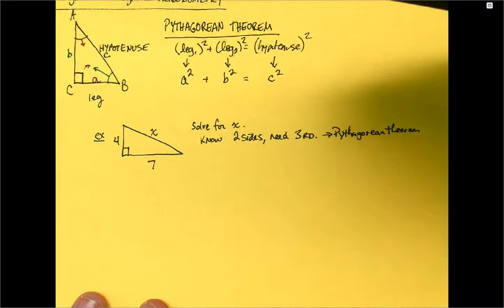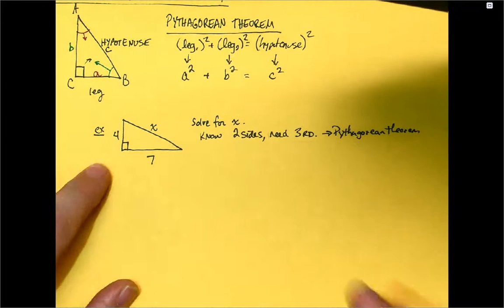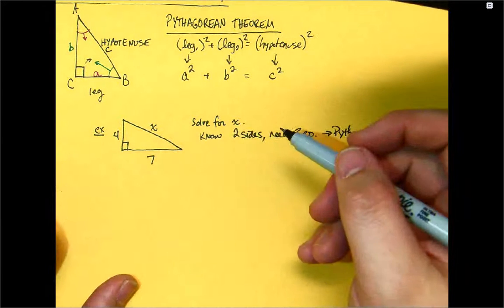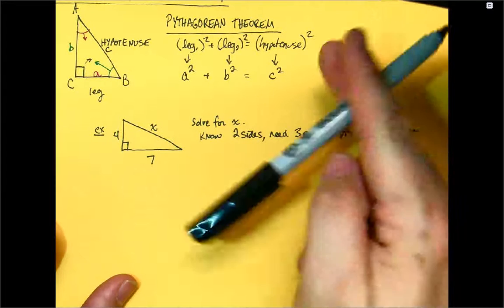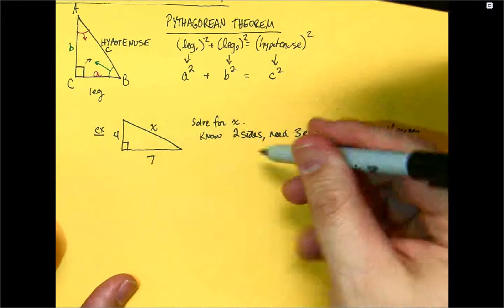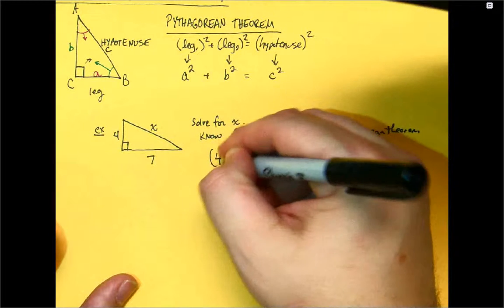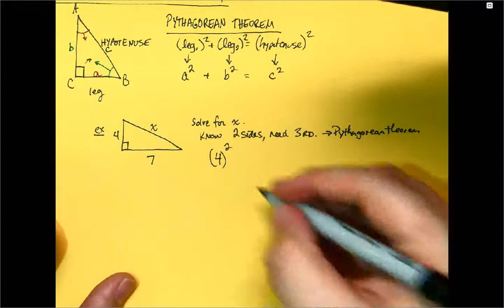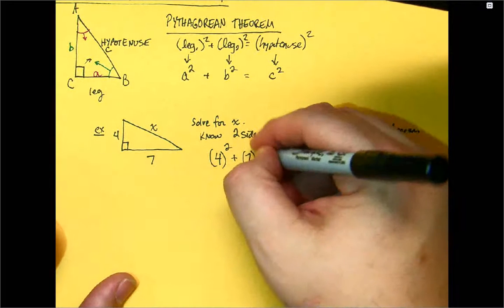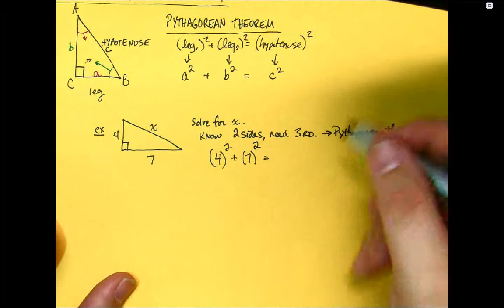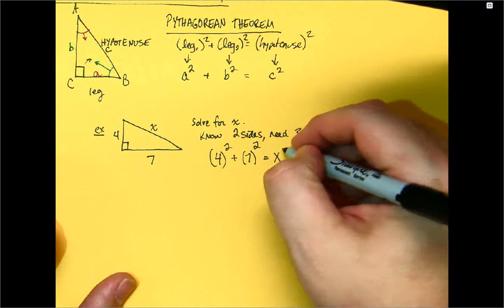So, what's one of my legs? In the triangle, what's one of the legs? Is it the 4, the 7, or the x? Alright, 4. I'm going to take that guy and I'm going to square it. What's the other leg? And I'm going to square that, and that's equal to x, but I'm going to square that as well.